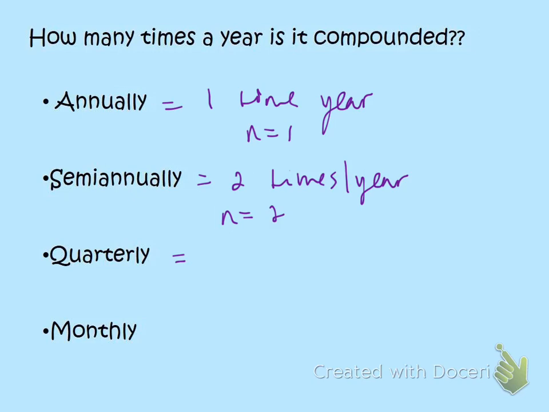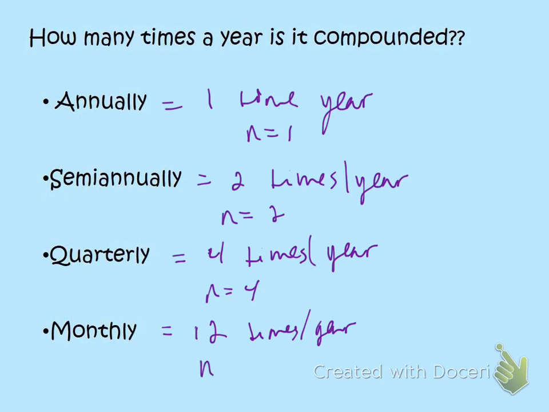Quarterly means that you're going to get paid 4 times per year, so N is going to be 4. And obviously monthly means you're going to get paid 12 times per year, which means N is going to be 12. Okay? So we got to keep that in mind as well.